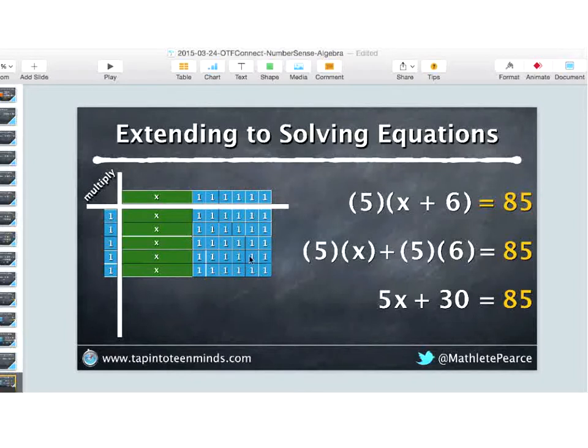If I take 85 and I take away those 30 unit tiles, I'm left with my 55, which is equal to each of these x tiles. So if we're really thinking this through, students can get that deep conceptual understanding that this could be broken down into two big chunks, right? Your 5x is equal to 55 and 30 unit tiles is equal to 30 unit tiles.